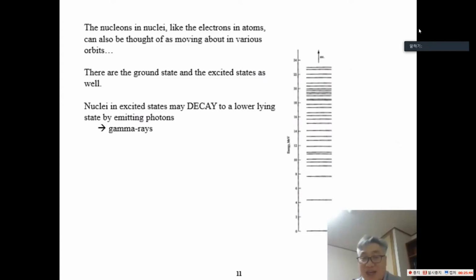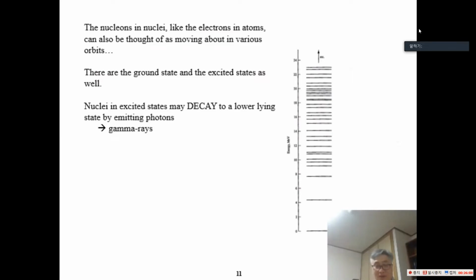Discrete, 뚝뚝 떨어지는 거야. Not continuous, but discrete energy levels inside the nucleus. When the nucleus is in the ground state, the energy is quite small. But if it has higher energy, we call it excited state.